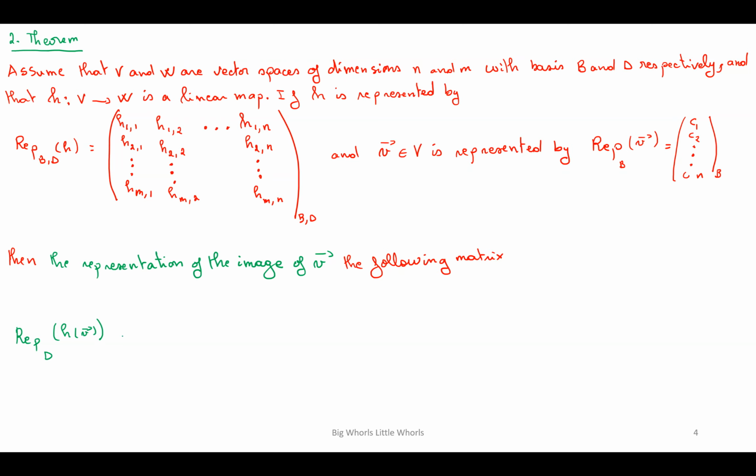Okay, so the theorem says that the matrix representation is going to be H1,1 C1 plus H1,2 C2 plus H1N Cn, and this theorem is easy to prove, but as I said, I won't do too much proof here in the lecture, but if anyone needs a formal proof, just email me and I will record a short video for the proof.